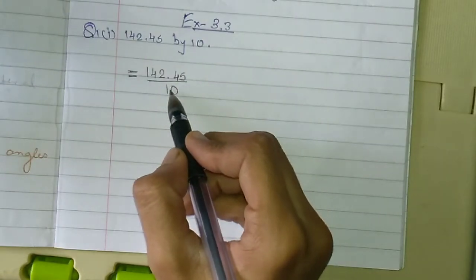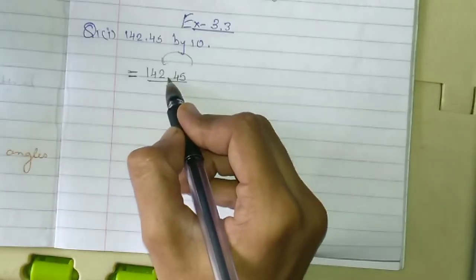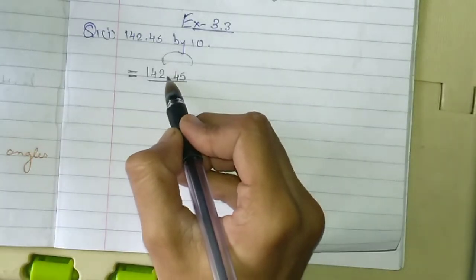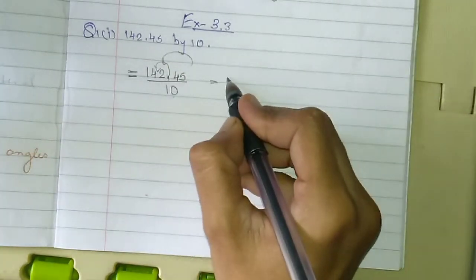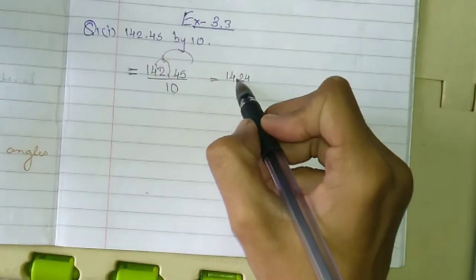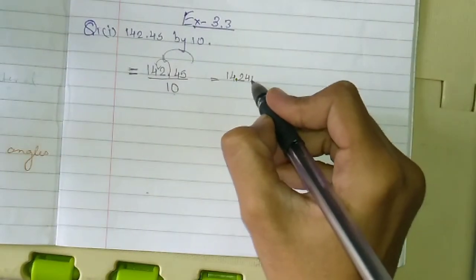Now in division we have to go to the left side, this way. If your point is here, now one place we have to move, so this point comes over here. So what is your answer? Our answer is 14.2445.